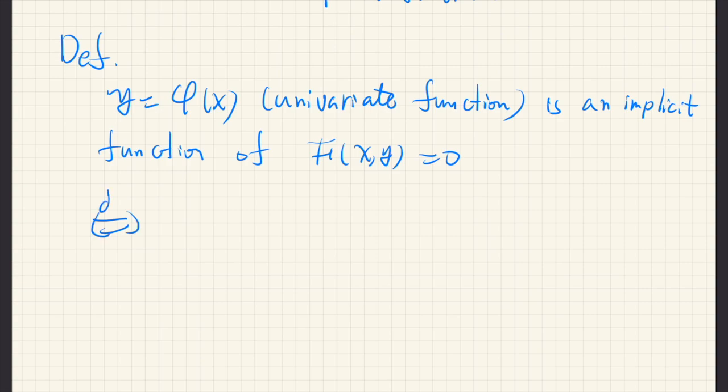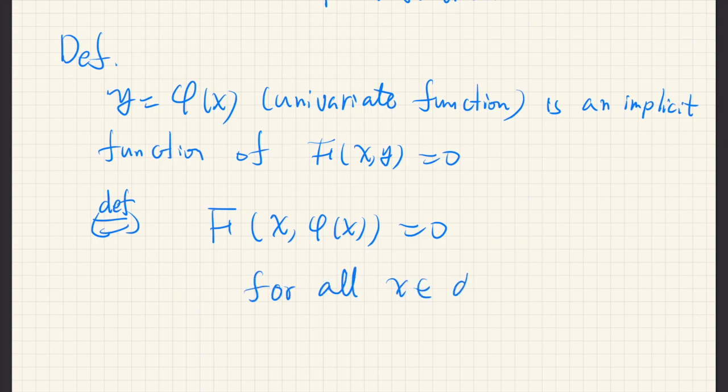What this means is the following: F of x and phi of x is equal to 0 for all x in the domain of phi. The domain of phi is the range of x on which this function is defined. So that's the definition.